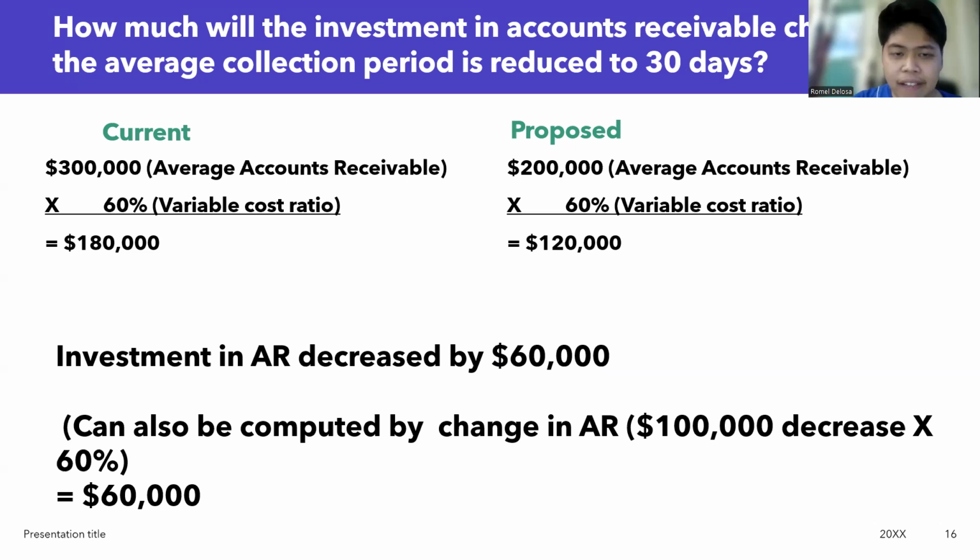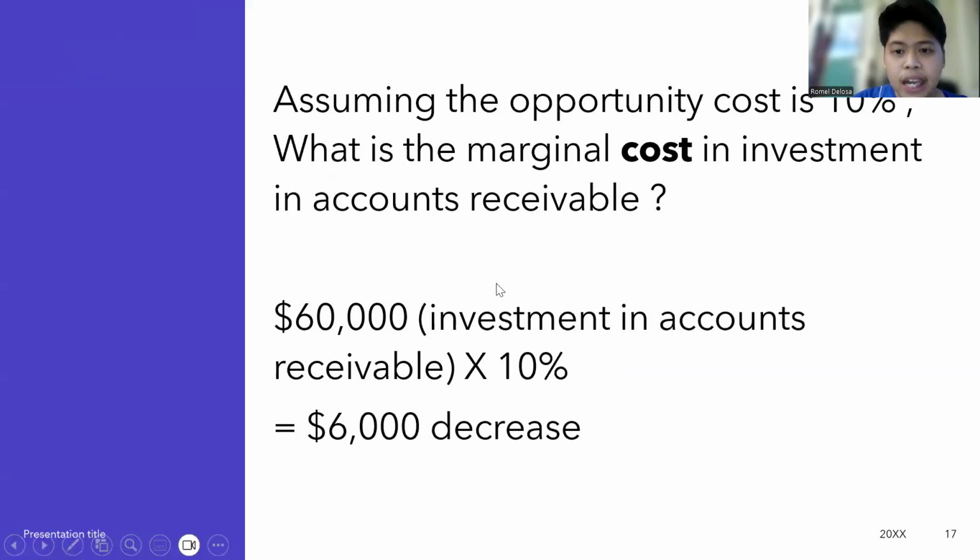So the next thing that I will discuss is, what if the problem says this: Assuming the opportunity cost is 10%, what is the marginal cost in investment in accounts receivable? The context here is, you have freed up $60,000.